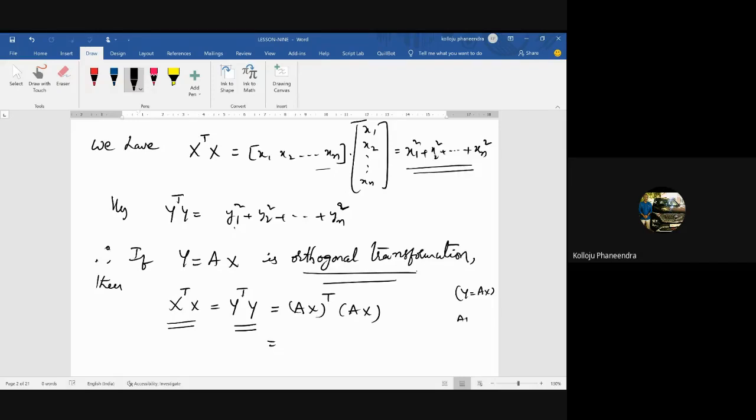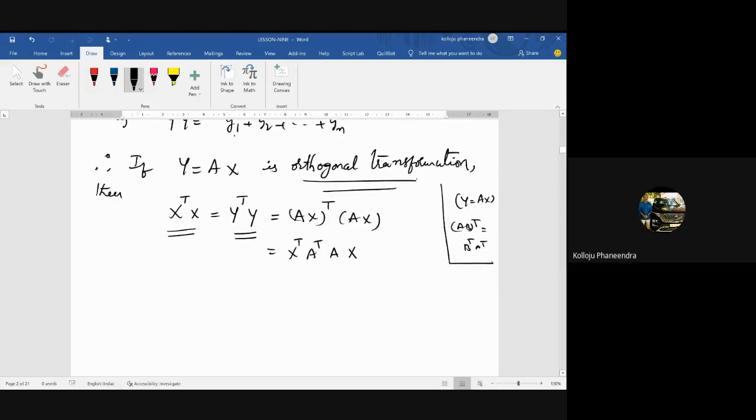You know the property that (AB) whole transpose is B transpose A transpose. Using this, it becomes x transpose A transpose into A into x. So that equals x transpose, A transpose A together, into x.